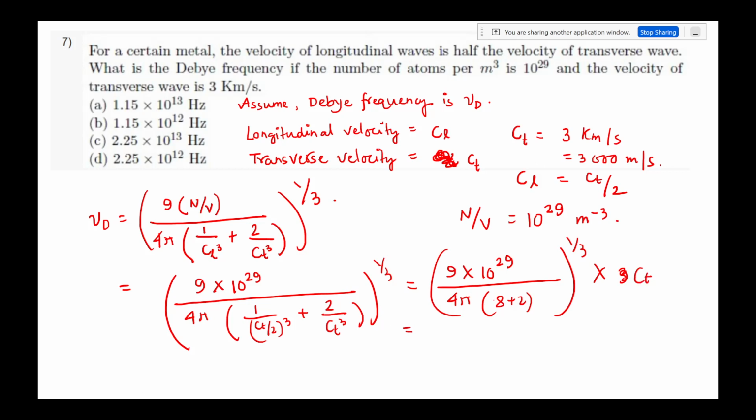And if you do these calculations, for my case, it's coming out to be 9 times 10 to the power 29 divided by 4 pi times the answer.